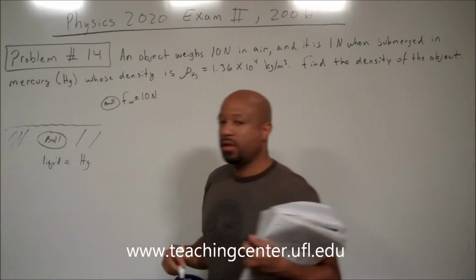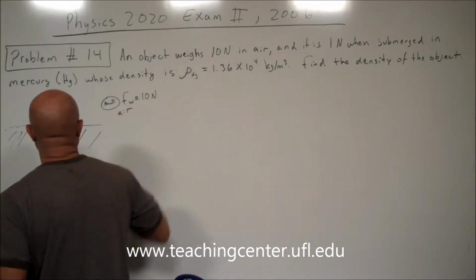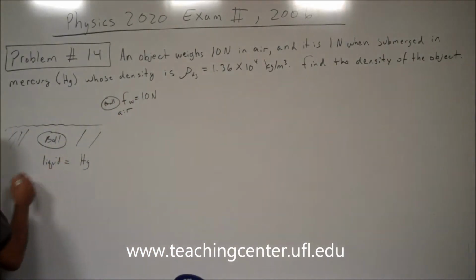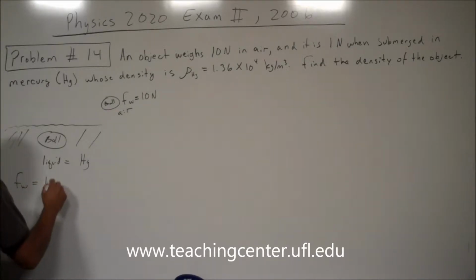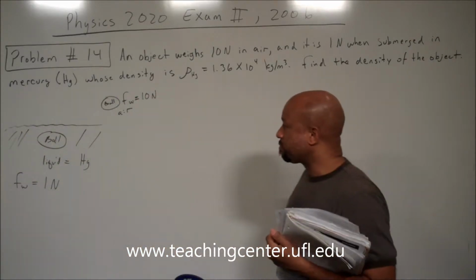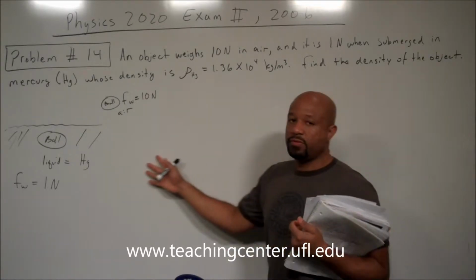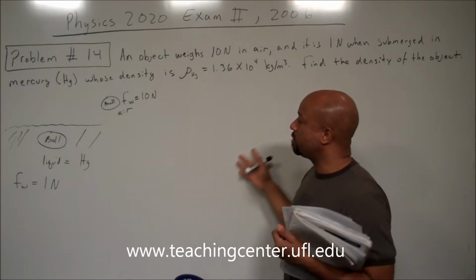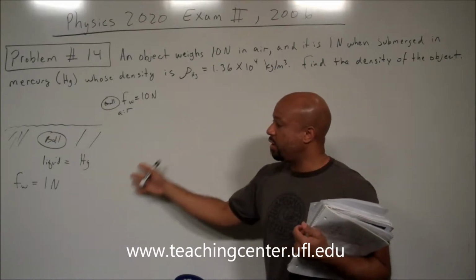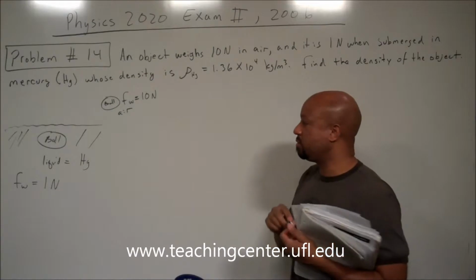But in the mercury, the weight of the ball is equal to 1 newton. So basically we can see that in order to solve this problem, we're going to be using the concept or theories of Archimedes' principle.